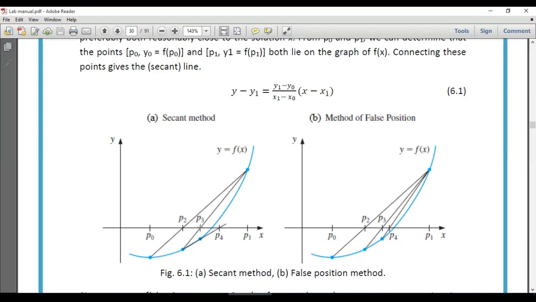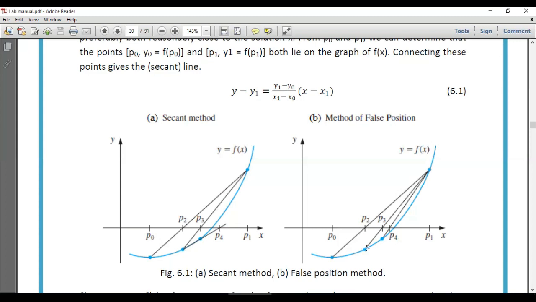In the secant method, there was no such check to locate the position of the solution. But in this case, we will check the position of the solution, and see in which half it exists. Starting from P0 and P1, we draw the secant, and the zero crossing of this secant occurs over here, and this is our P2.